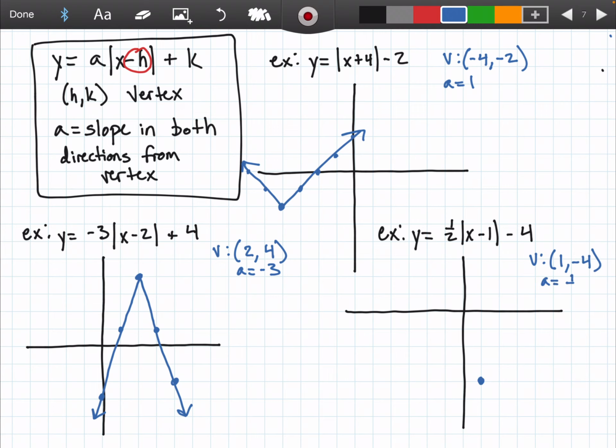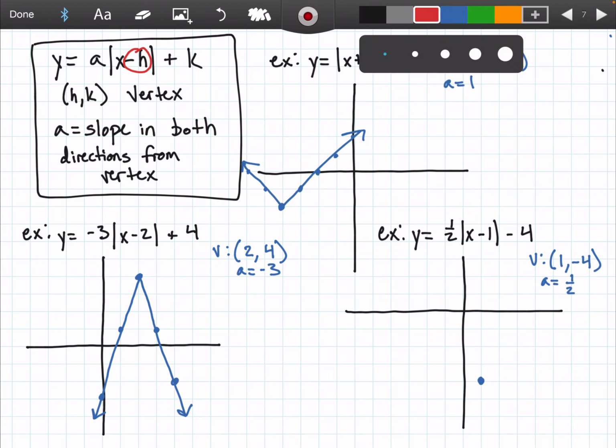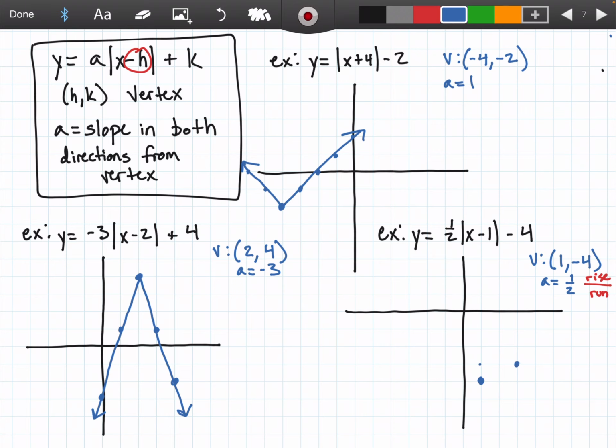And my a value is 1/2. And just a reminder, rise over run, meaning I'm going to go up 1 over 2, up 1 over 2. Do that in both directions, up 1 over 2, up 1 over 2. And I could keep going out forever, but I don't need to, so I'm not going to.